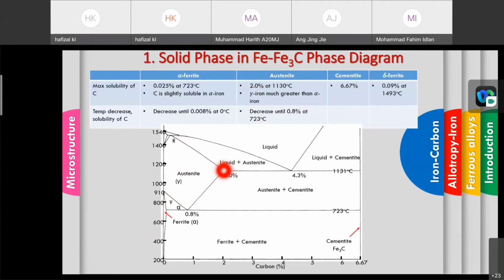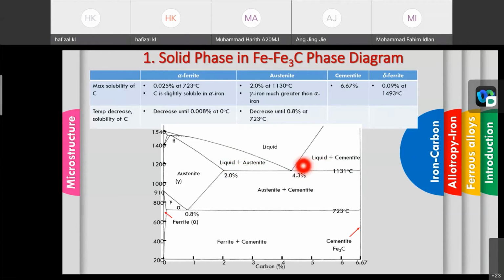We can make projection up to the intersection of the y-axis, which is the value of 2. This is the value of 2% maximum solubility of carbon at the temperature of 1130, this temperature.